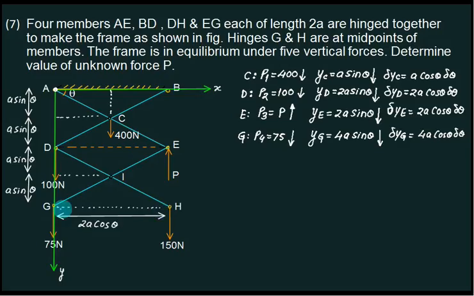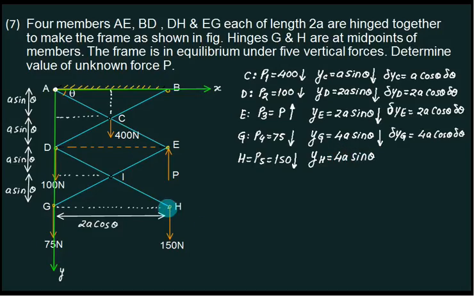My fifth point is at H. G and H are at the same level. This time the fifth force is 150. 150 is shown downward. Downward means I require y at point H. The level of G and the level of H is the same, so I still require 4A sin theta.